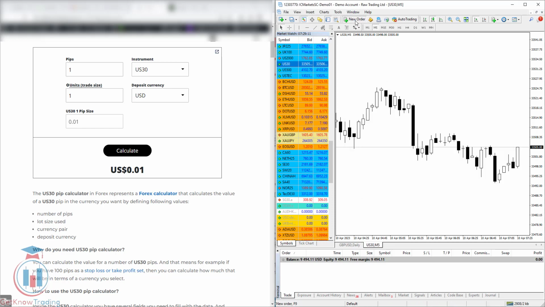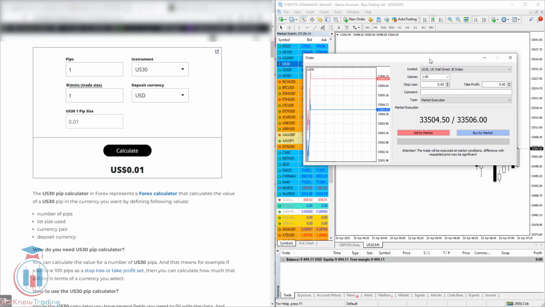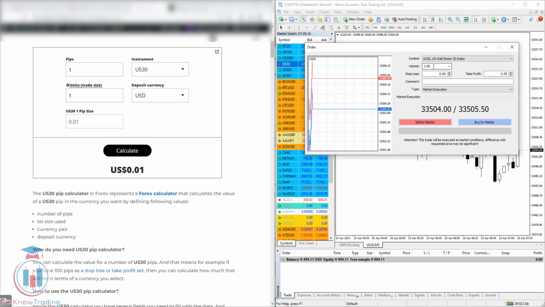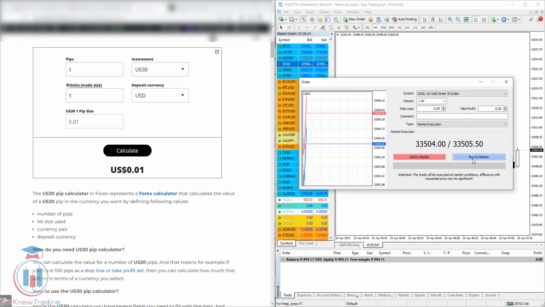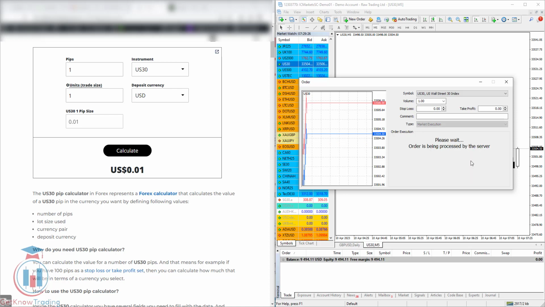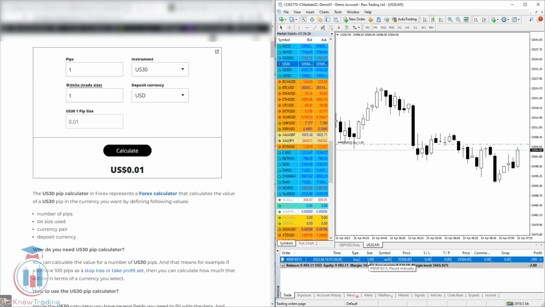Now let's open a new order. Inside the new order window, I will leave the volume at 1 because it is easiest to make the calculation, and I will use, for example, a buy order. Here it is, an open buy order with a market price of 33506. In the profit column there is information about the change in price.